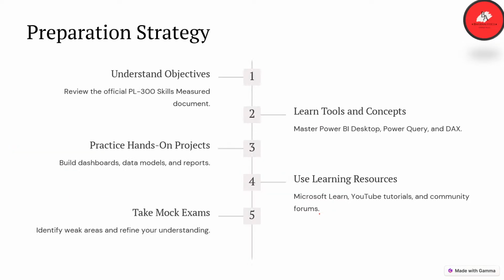Then how you will plan your strategy to score more than 700 marks. First of all, understand the objective. Review the official PL300 skills measured document by Microsoft and understand its basic requirements and what topics it contains.